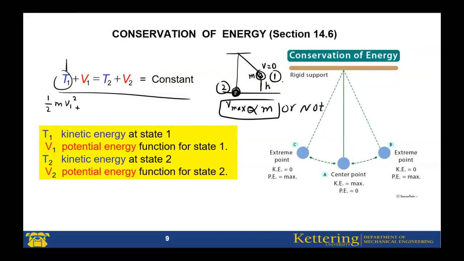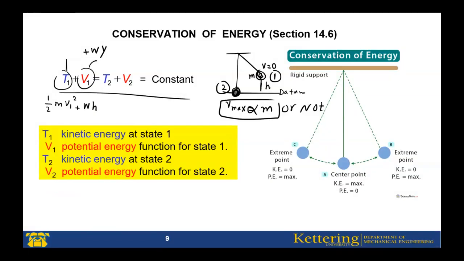The potential energy at this point, because I consider this line as a datum line, will be positive W y. Y is measured from the datum line.